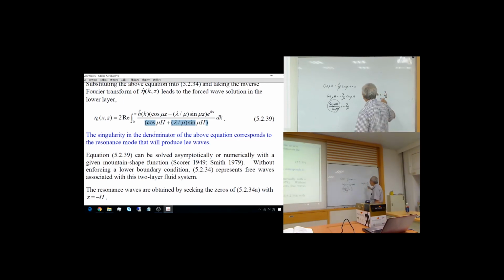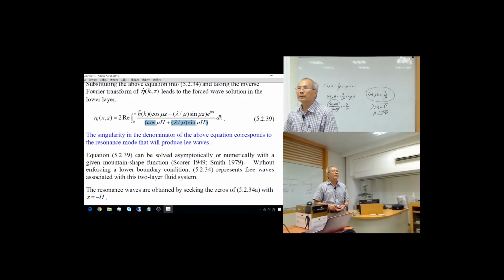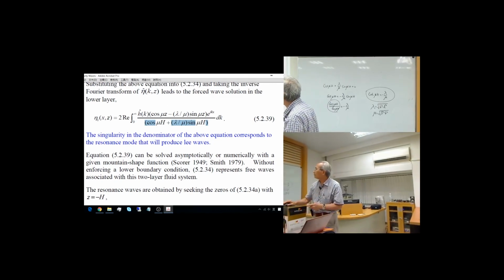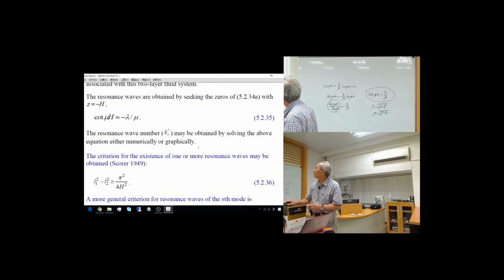Lambda and mu are defined earlier. Lambda is the square root of, I think, k square minus l square, and mu is l square minus k square. So these are the conditions where you can have the wave resonance, and that gives us trapped D waves. Cotangent mu h equals lambda over mu, like that.